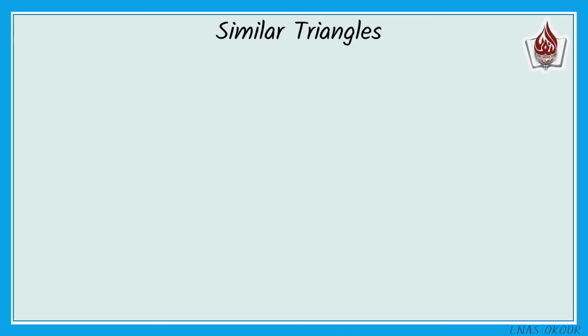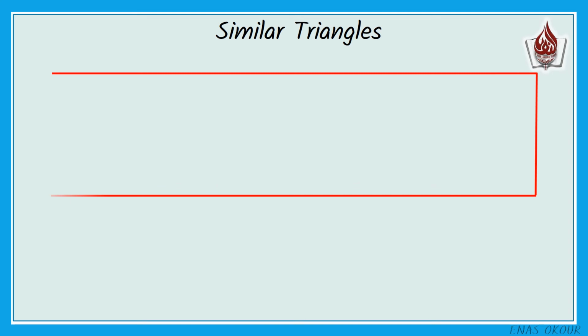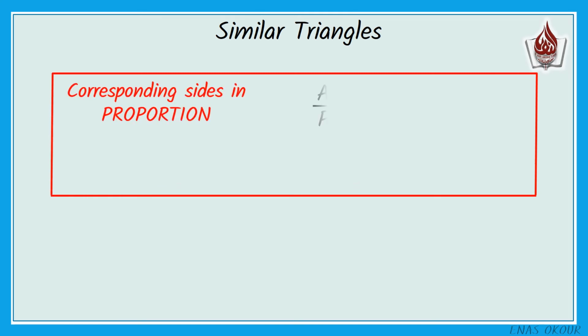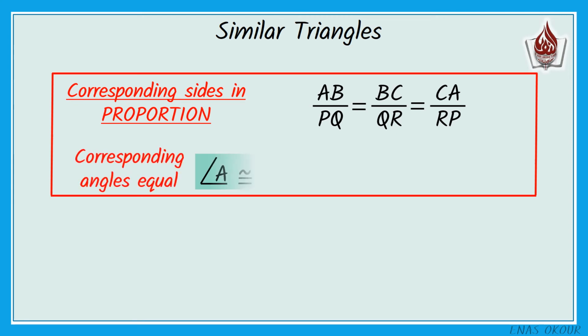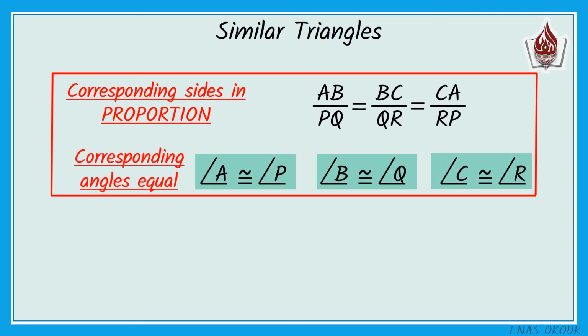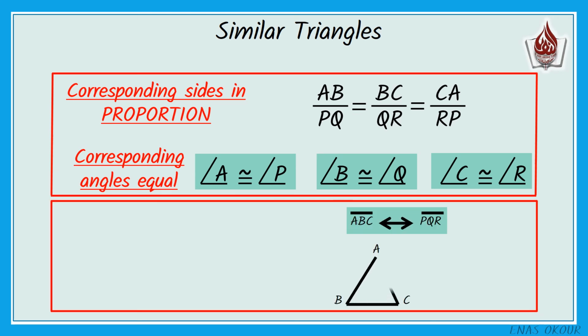We can deduce all this when we are given that the two triangles are similar. For two similar triangles, the corresponding sides are in proportion and the corresponding angles are equal. Here we were given that triangle ABC is similar to triangle PQR.